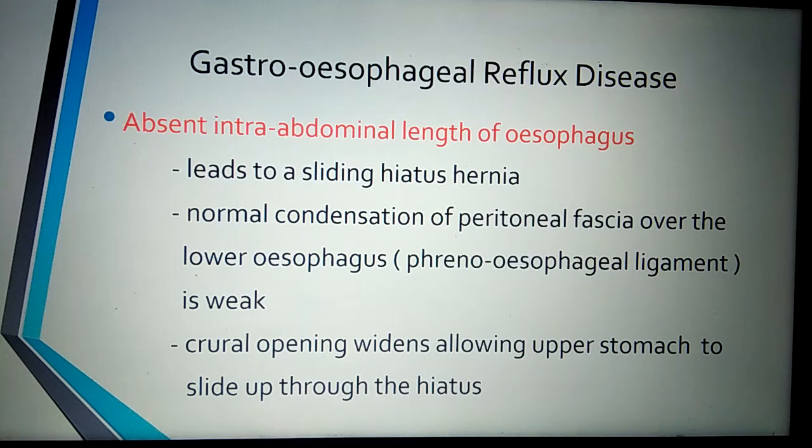Now, this absent intra-abdominal length of esophagus, as we have already discussed in the anatomy part, the portion of the esophagus lying in the peritoneal or abdominal cavity, if that is absent or very short, it may lead to a sliding hiatus hernia. In a subsequent interaction, we'll go through the sliding, rolling, and different types of hiatus hernia.